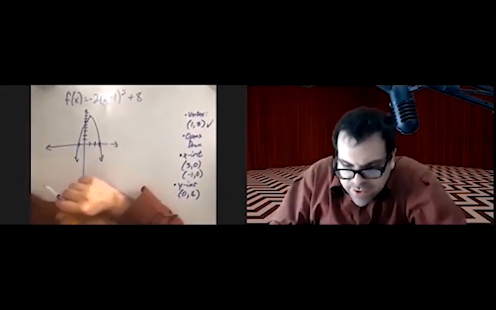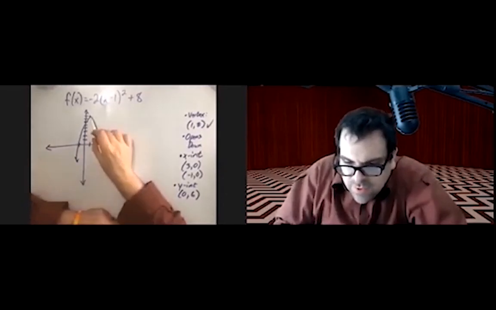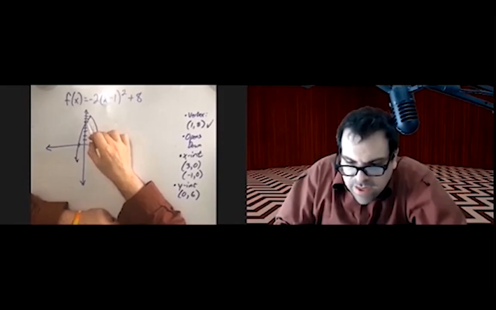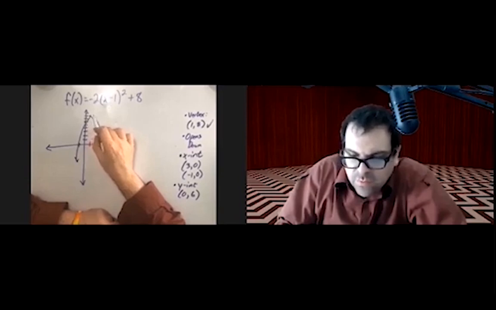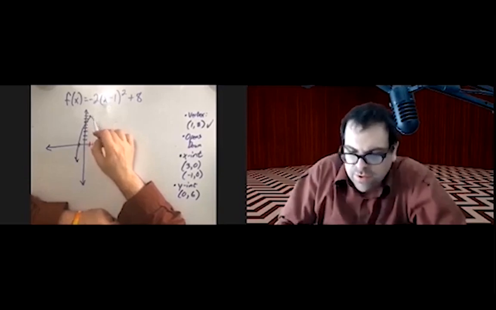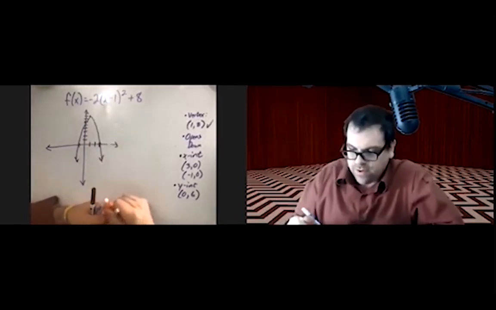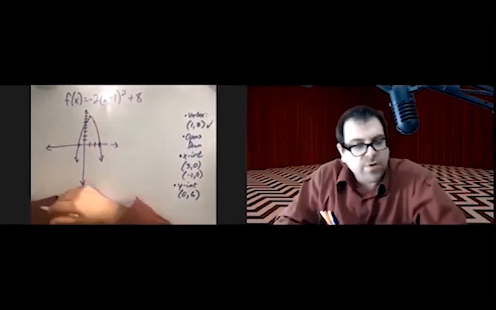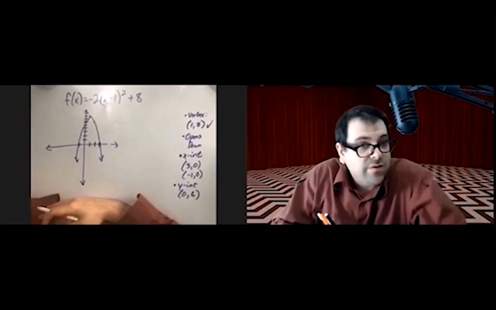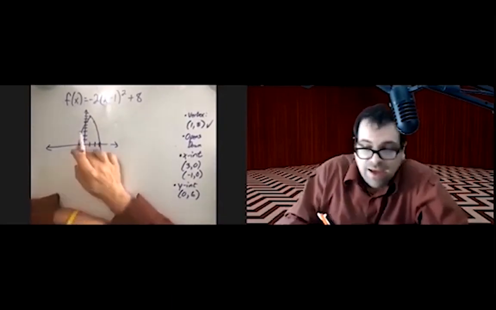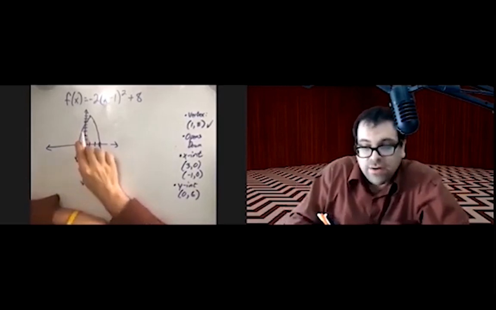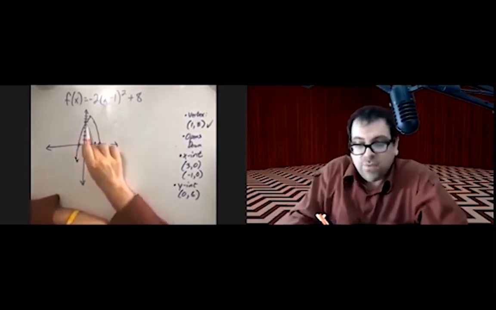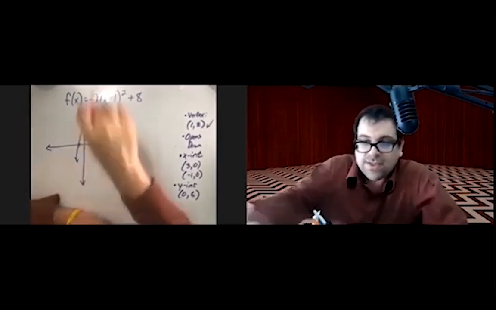And if we wanted to, since we know that this point is left 1, down 2, since it's symmetrical, we can go right 1, down 2, and put that extra point in if we want. We can take advantage of the symmetry of a parabola. If we have a point on the left side, we have the equidistant point on the right side.